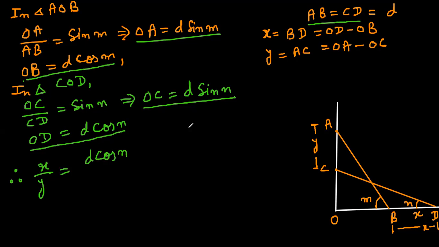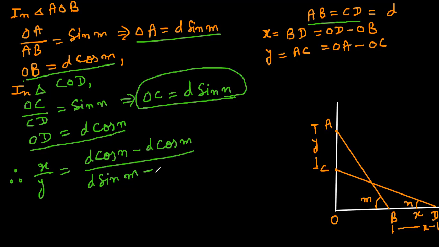In place of OB also, we can write d cos m, divided by, in place of OA, d sin m, minus OC, which is d sin n. Yes, that is equal to the right hand side.